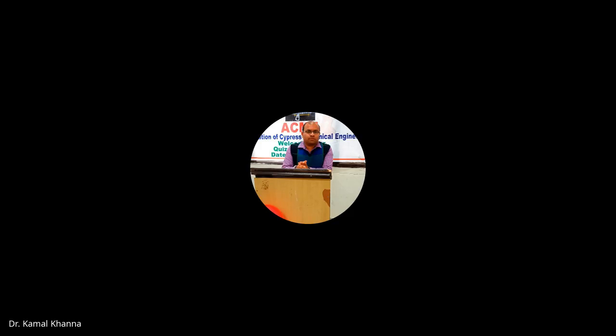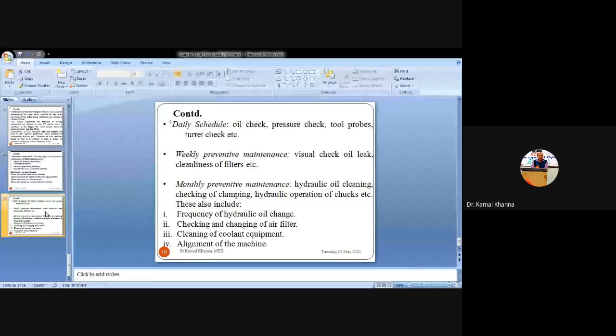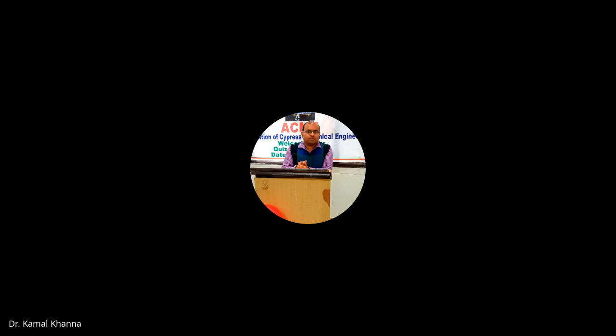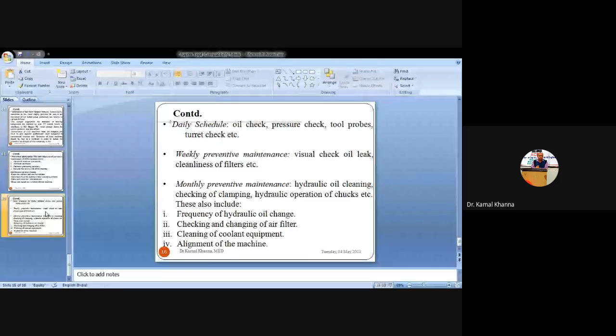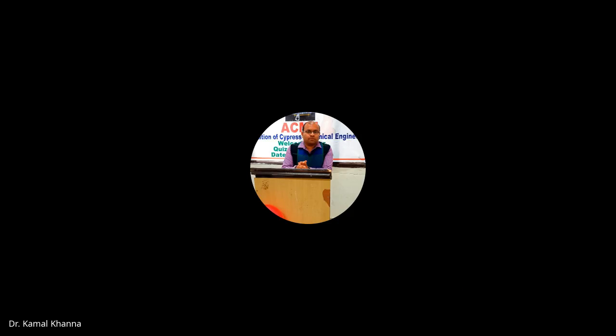So this kind of maintenance, like when you go for a service of your bike, falls in the monthly preventive maintenance. But if you are checking your fuel, then it may fall in the weekly preventive maintenance. If you are filling your fuel tank weekly, then before the week ends, you have to check the fuel tank.